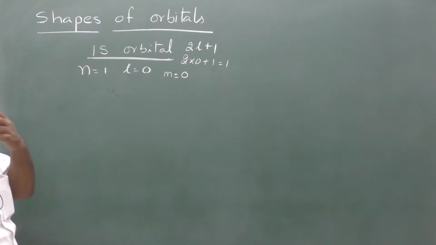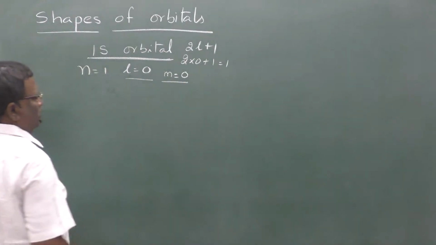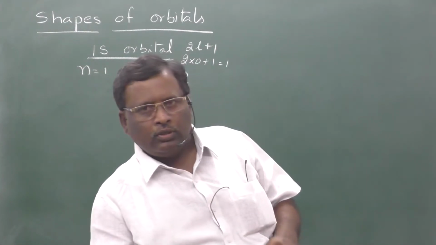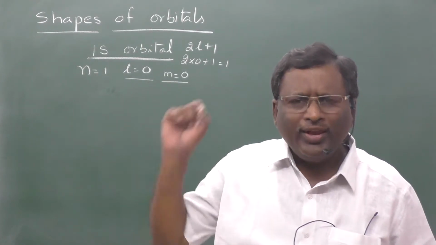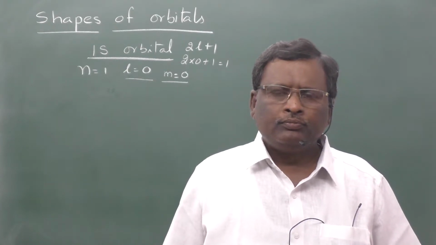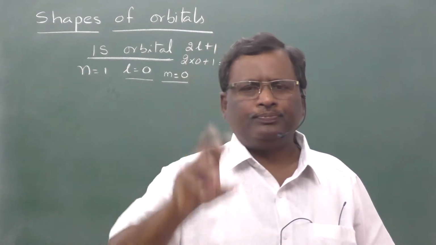Now, what is the meaning of it? This magnetic quantum value gives us the orientation of the orbital. Orientation means spatial arrangement.